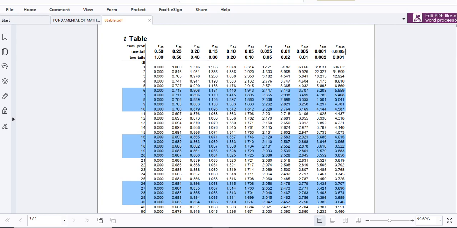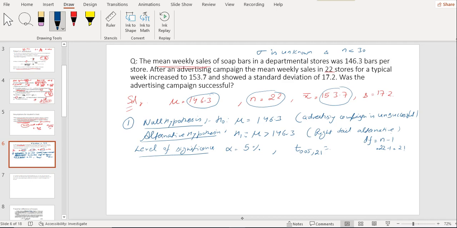Okay, so here we need to check the value of t at 5%. What does it mean? 5% from the right hand side. So if this is the t distribution curve, 5% we are going to reject from the right hand side. So this is 0.05. I need to check the probability t is greater than t naught is equal to 0.05. So the right hand side is the region of rejection.